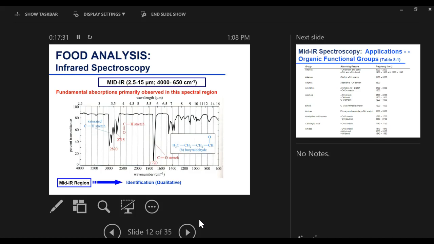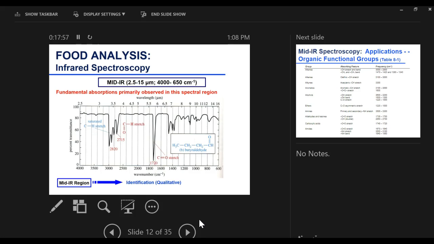So the transmittance is for any wavelength that was not absorbed, or the energy that was not absorbed would be transmitted. And that's what the IR is measuring. It's measuring percent transmission. And then, like I said, the x-axis is not necessarily wavelength, it's wave number, and the unit is centimeter to the minus 1.